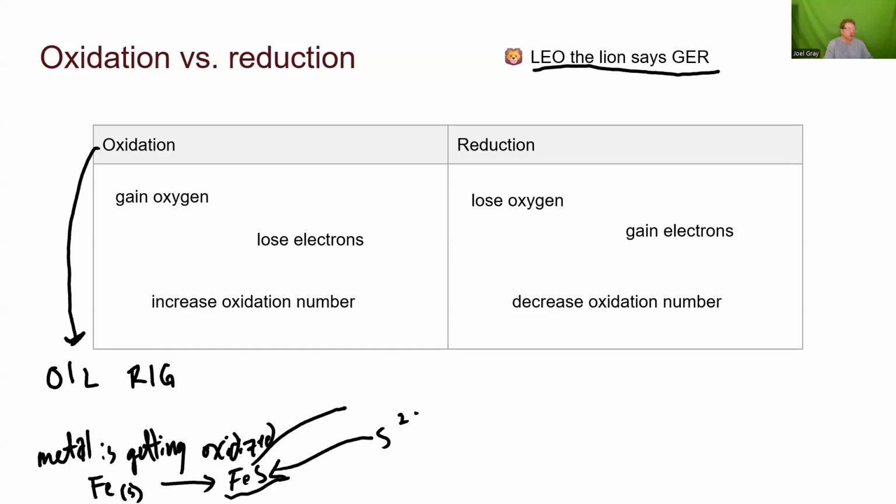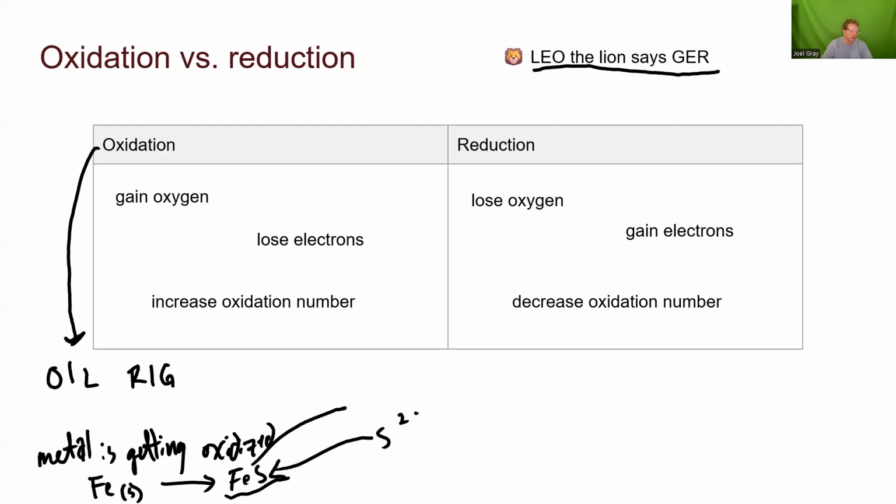Does anyone know what the charge of Fe is as a result of this? If the overall compound is zero, add to the chat what is the charge of Fe in a compound like FeS? S is 2 minus, so absolutely, iron, Fe has to be 2 plus.